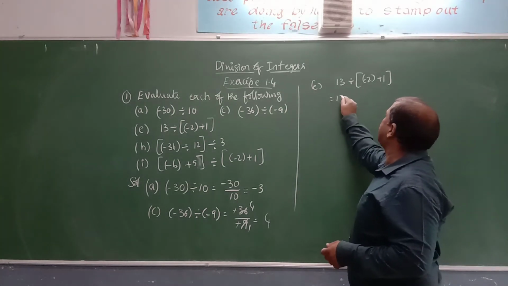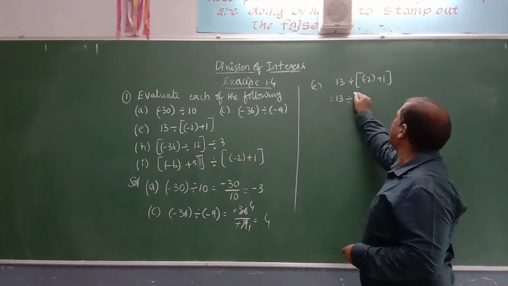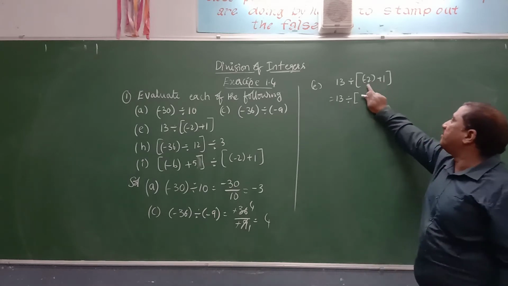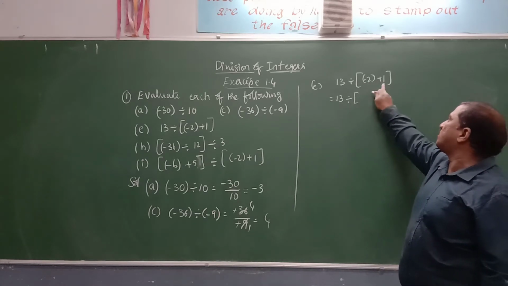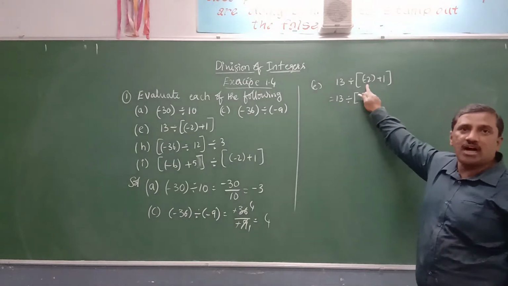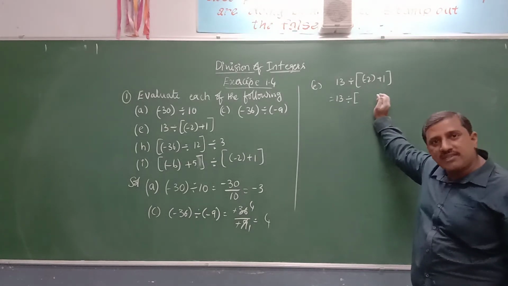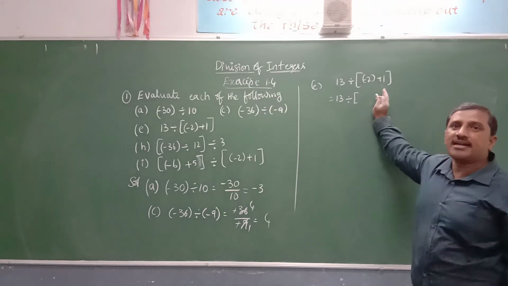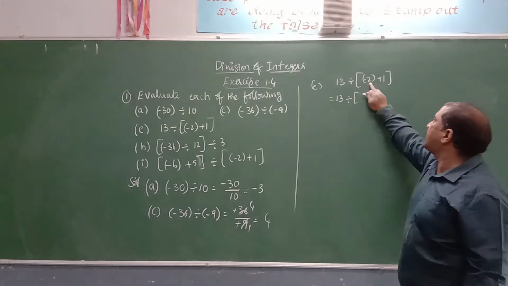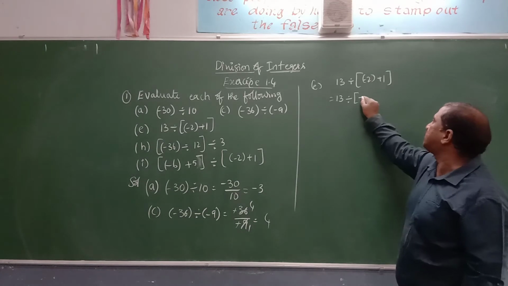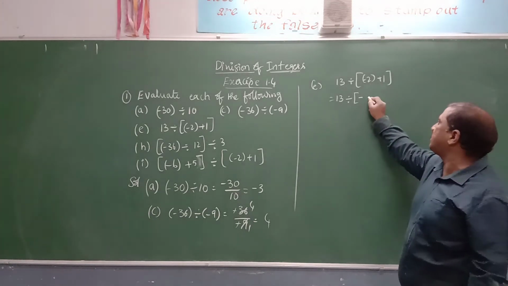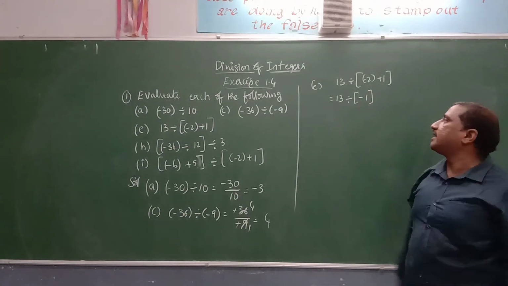So it is 13 divided by, and we add one positive integer and one negative integer. How to add with different signs? Subtract the smaller number from the greater number and keep the greater number's sign. Here the greater number is 2, its sign is minus. Subtract 1 from 2, we get 1. Therefore it is minus 1.